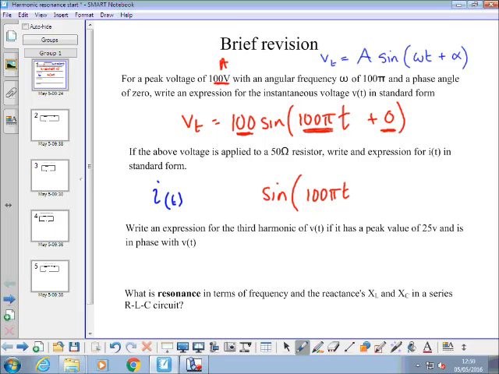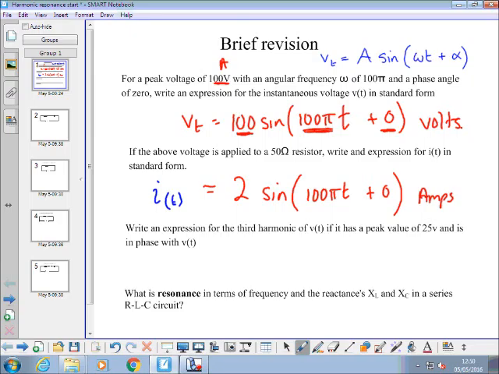Still 0, because it's a pure resistor, no phase shift. So what goes in here? 2, yeah, 100 over 50. 2, and that's amps. So there's the volts, and that's an expression for the current.